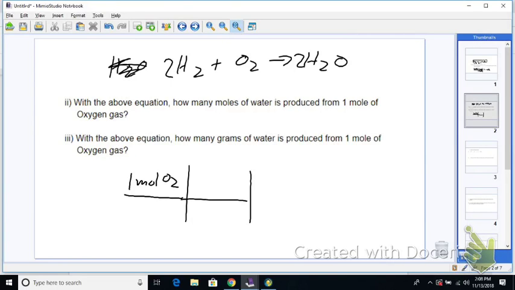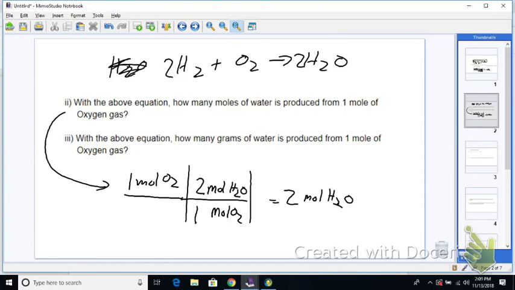It wants to know how many moles of water. So down here I'm going to put moles of O2, and up here I'm going to put moles of H2O, because I'm looking for water. Down here I'd put 1, up here I'd put 2, and I would make 2 moles of water. So that goes with that one.